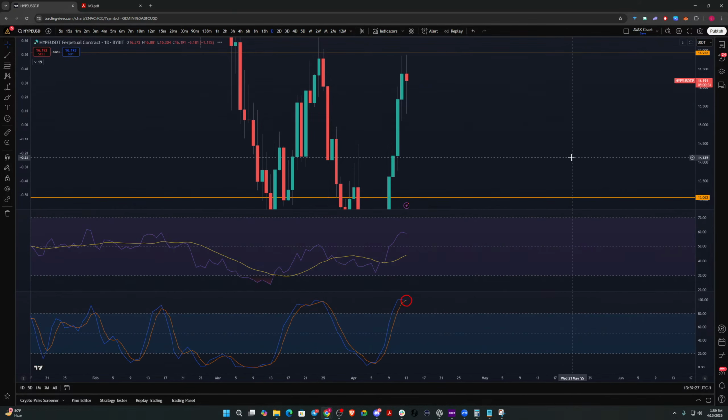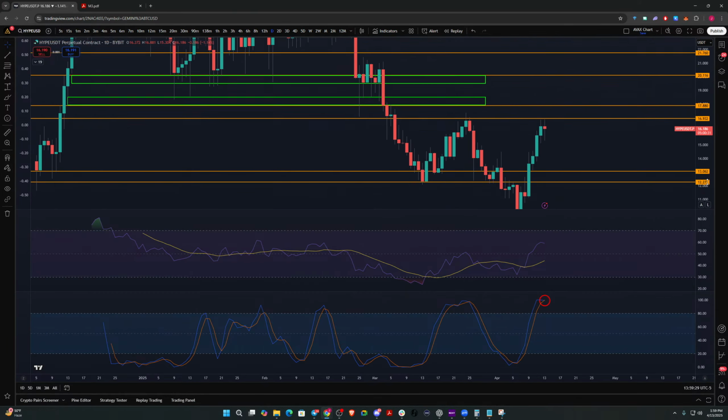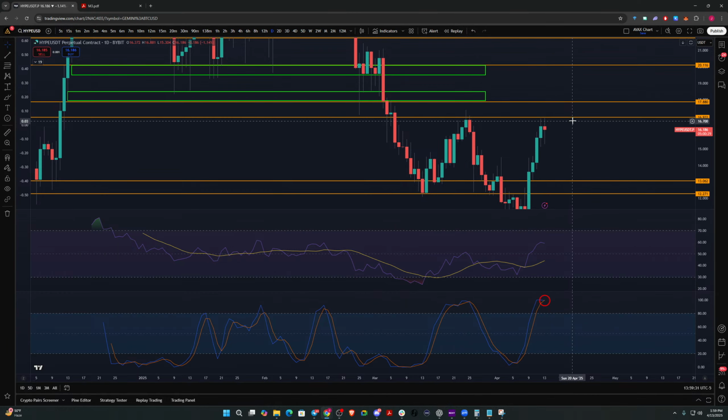A HYPE short. If you can get it near 1690, that would be money. But 1680 to 1690. Even if you want to do it now and just DCA up with low leverage, like 5x, and look for take profit around 1470 with your stop loss around 1750, that could be a play.